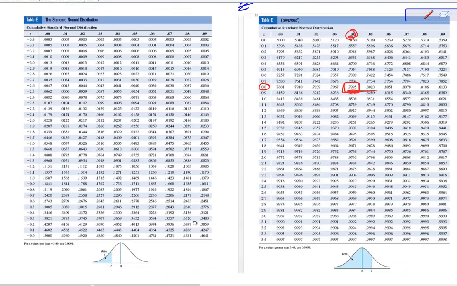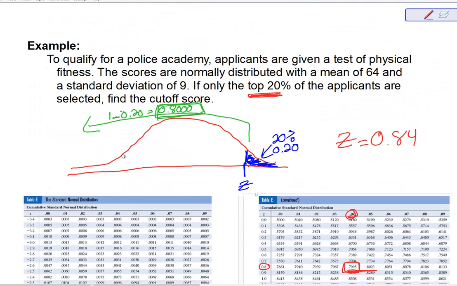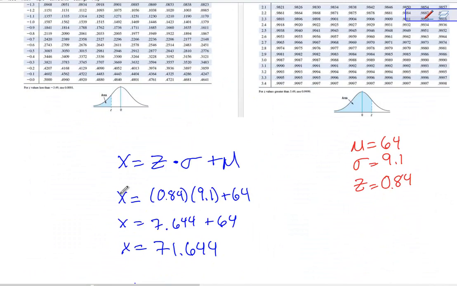Now then, think about this though. We found that for the cutoff score, we needed at least a 71.56. Think about any type of test though. Do most of us give decimals on a test? No. And think about your mean. That's in whole numbers. So we need to round this up because it's a minimum.